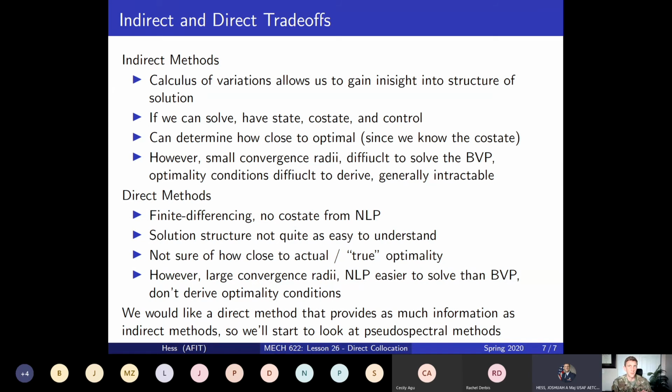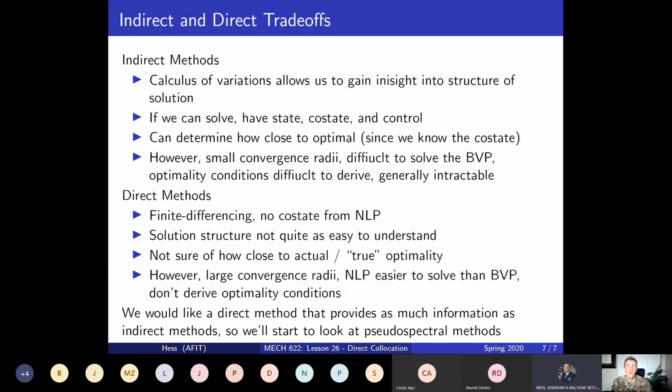We get a solution for an initial state and some given conditions for the problem, and we're not really sure how close we are to truly satisfying the necessary conditions of optimality, because we're solving an approximation of the optimal control problem. But hey, it has a pretty large convergence radius compared to the small convergence radii of indirect numerical methods. The NLP is, the majority of the time, easier to solve than the boundary value problem. And we didn't derive the optimality conditions, which for the problems we're interested in could be pretty hard to do.